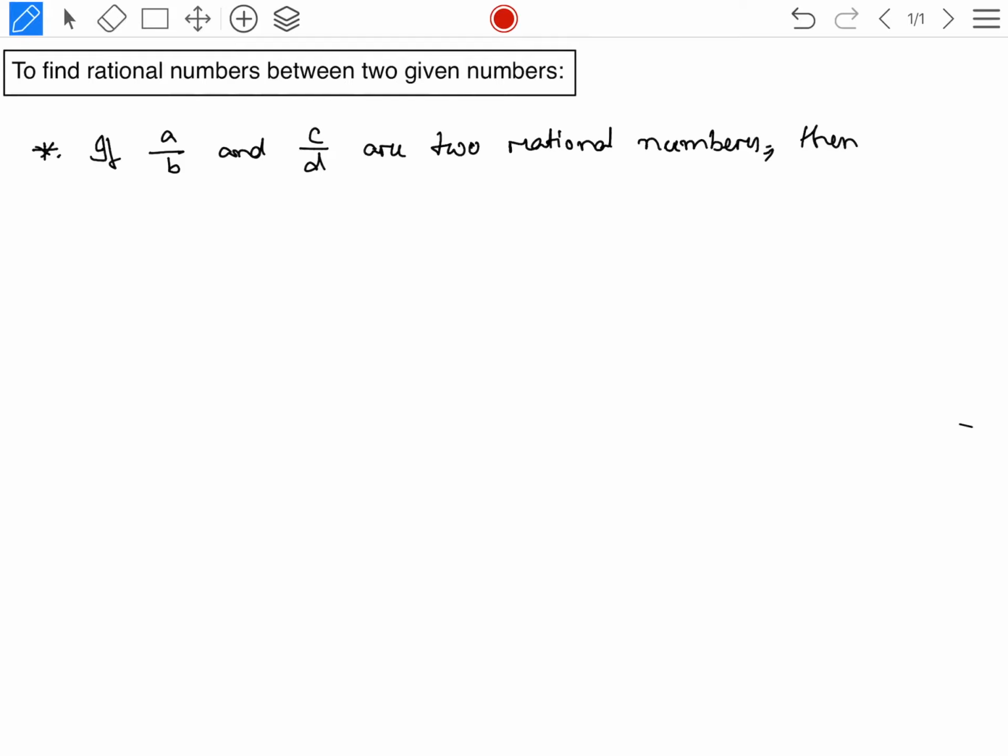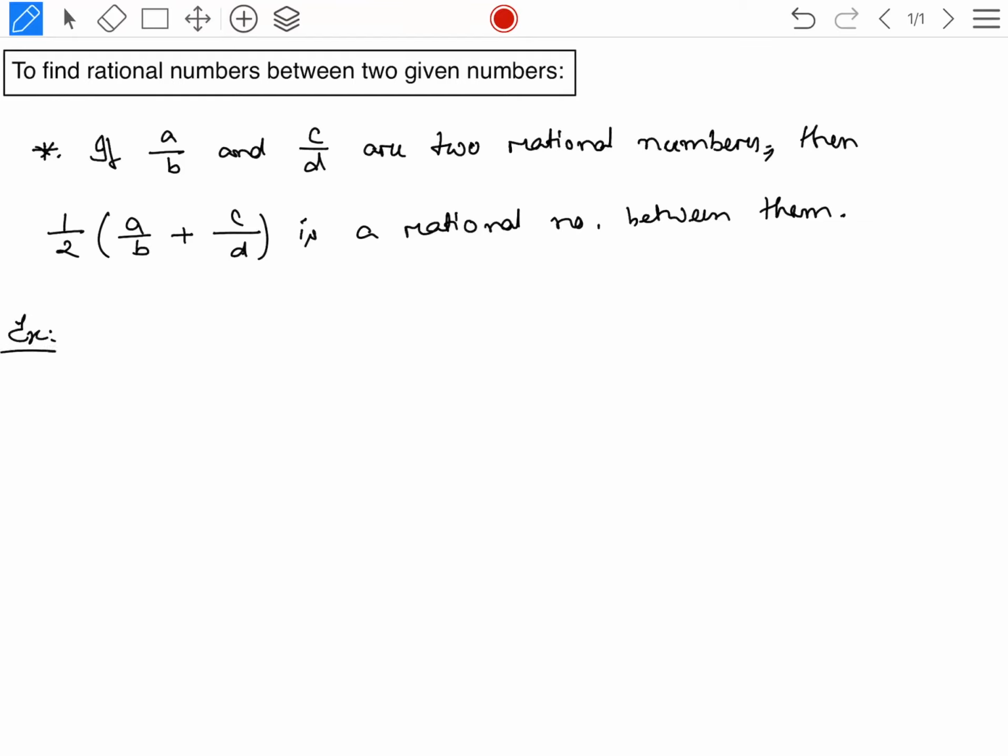If a by b and c by d are two rational numbers, then to find one rational number between them, you can write that 1 by 2 into a by b plus c by d is a rational number between them. Whenever two rational numbers are given to you, to find one rational number, you can just use the formula 1 by 2 into the addition of those two rational numbers.